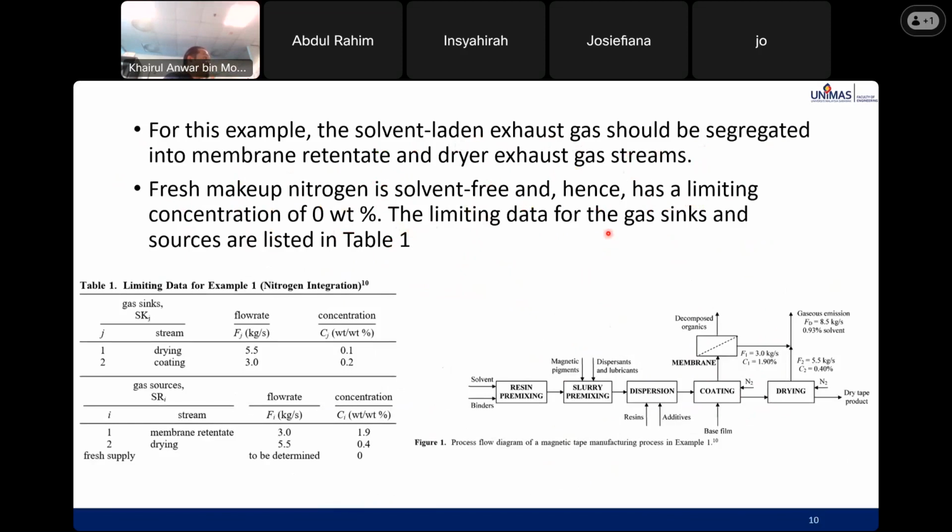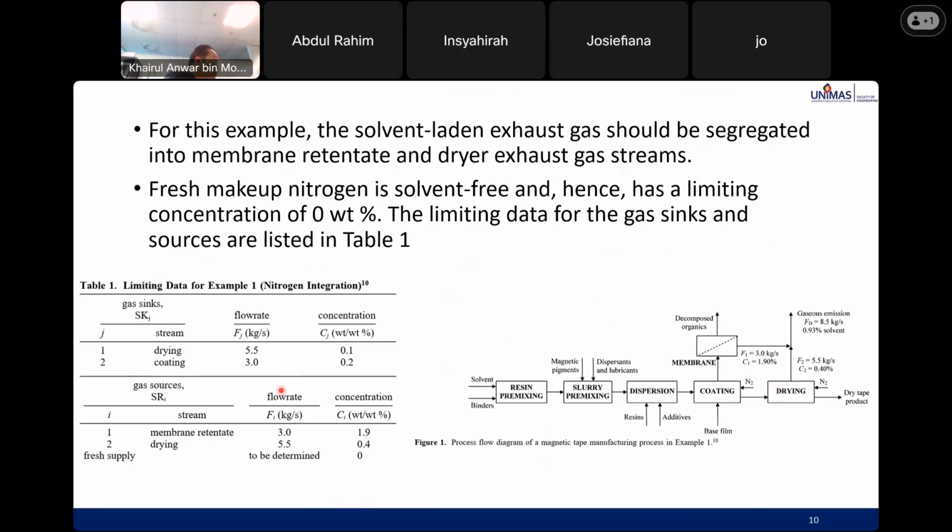The limiting data for the gas sinks and sources are listed in Table 1. The two sinks are from drying and coating, and the sources are from the membrane retentate and from drying, or F1 and F2. The sink here refers to the inlet, which refers back to the range.